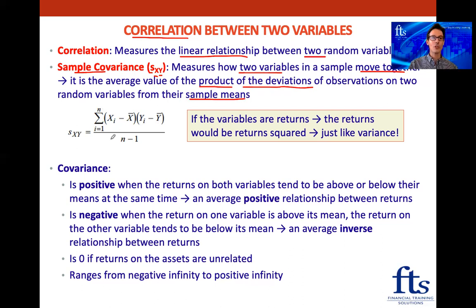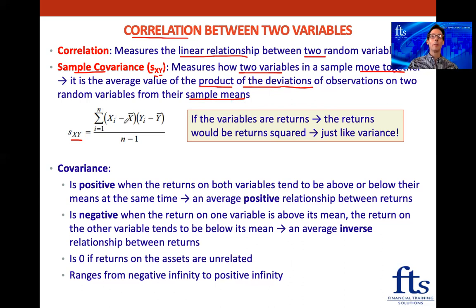So to work out, and as we said, no calculations needed here, but if we had to calculate it, to work out the sample covariance between X and Y, what we're going to do is take how is the return, let's call it the return, on variable X deviating from its mean? Because we're looking at the deviations of the two random variables from their means.